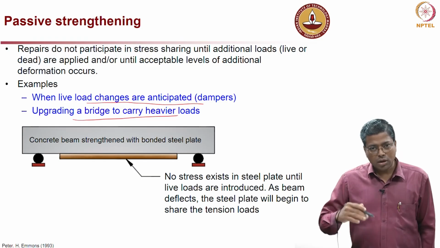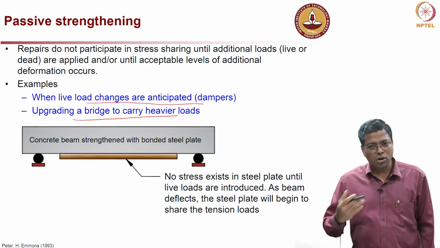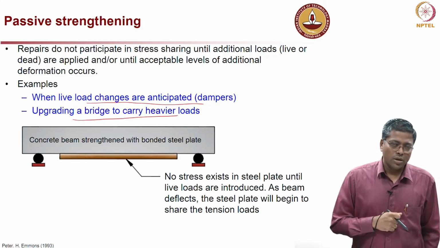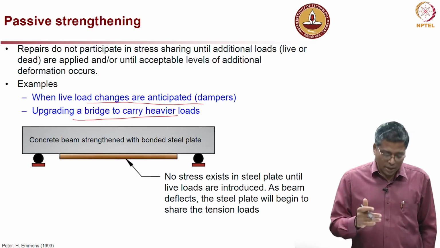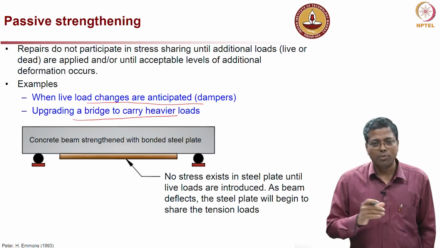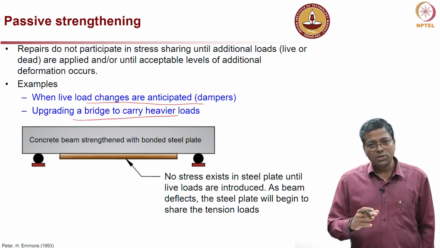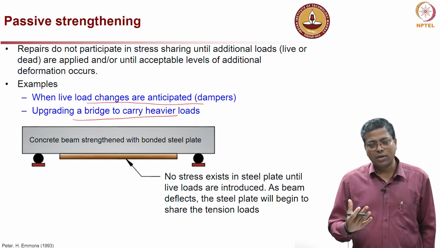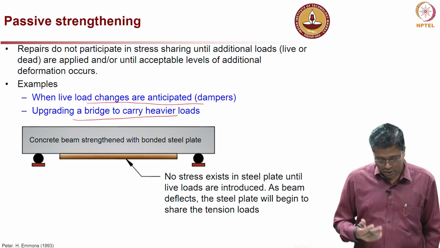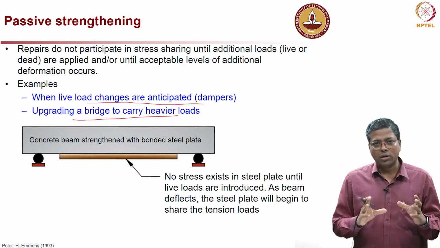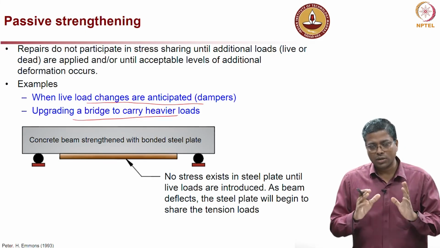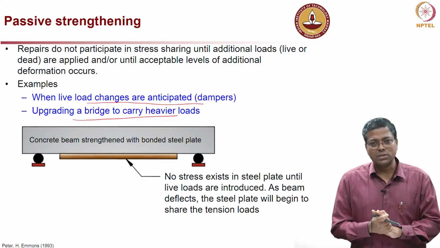When a bridge is to carry heavier load, it is not necessary that the bridge will always experience that heavier load. So, when there is the heavier load, at that time the passive strengthening elements will come into action. In the case of dampers, when there is an earthquake or a heavier lateral load, at that time the dampers will come into action. So, these are the extreme cases, or in other words the structures are designed for the extreme cases.